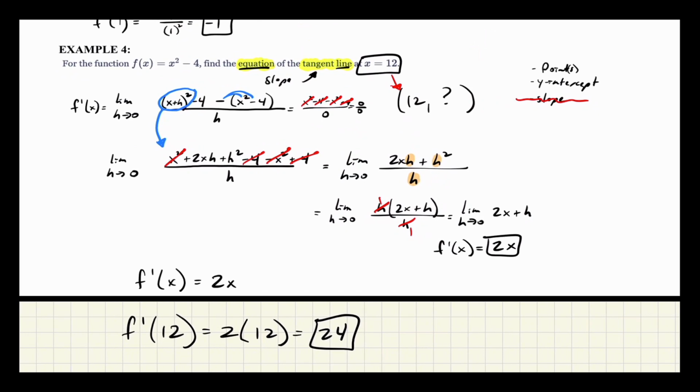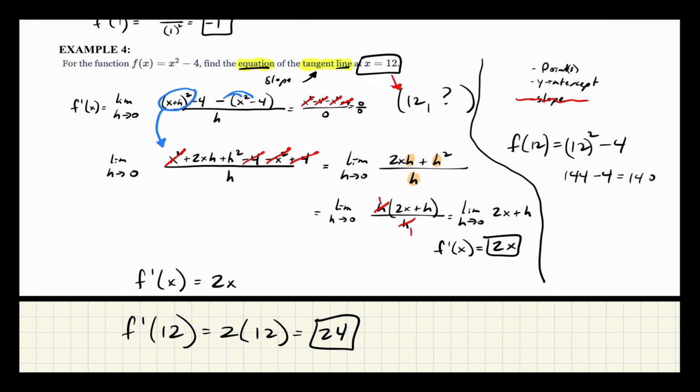So what I'm going to do is plug in 12 to f of x. I get 144 minus 4 equals 140. So the y value at 12 is 140. There's my point. I have my slope.